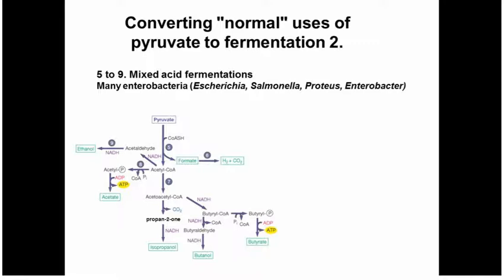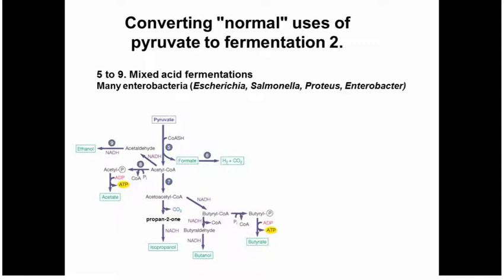The last thing they want to do is generate any more NADH. This is just doing the opposite of what you want to happen. So in a mixed acid fermentation, it starts by a transformation of pyruvate to acetyl coenzyme A, but with a different enzyme. And this is called pyruvate formate lyase.